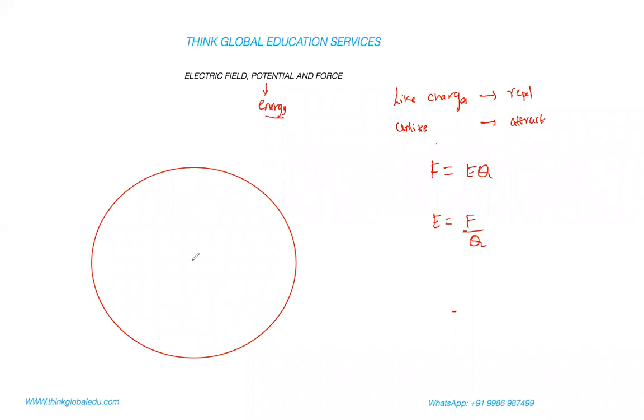Let's put the charge in the center, Q. So I can expect that the potential around the charge when at a region nearer to the charge is V1, and the potential here is V2, and the potential here is V3, and so on.